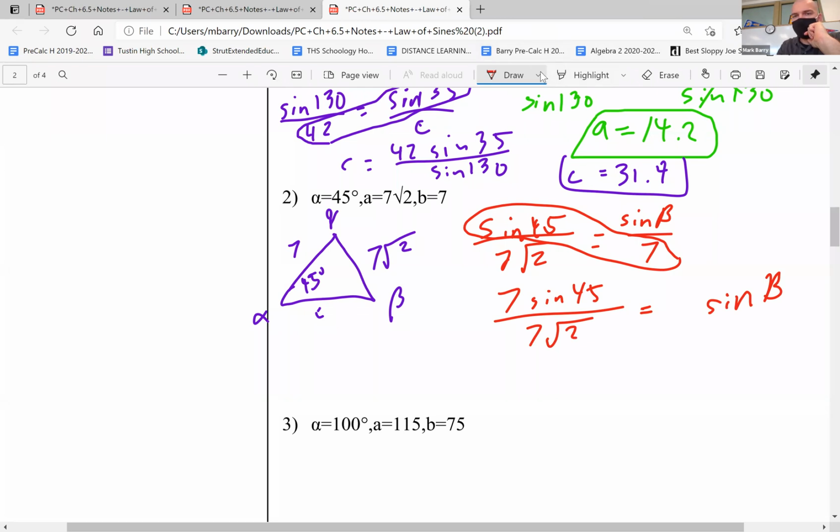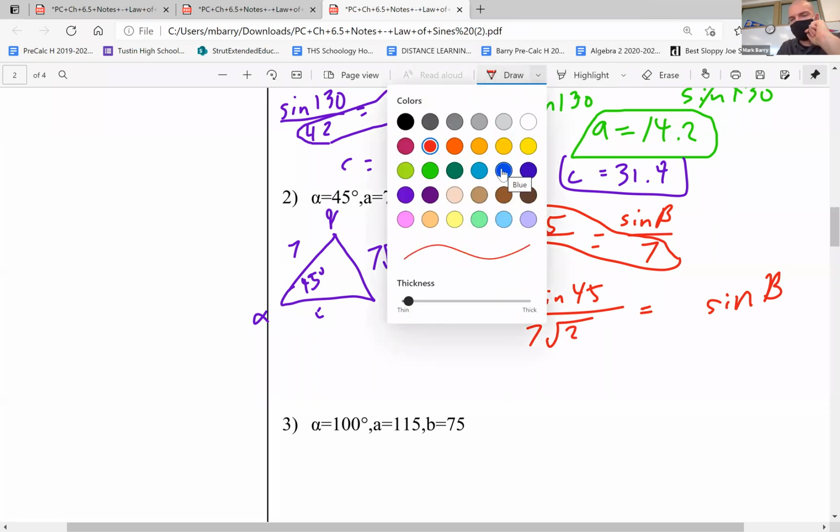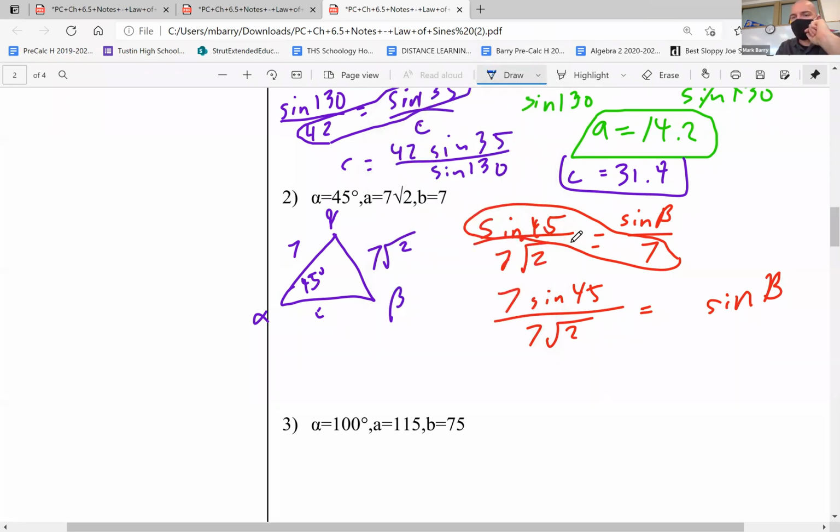First of all, I told you guys that we weren't allowed to cancel stuff down that's inside of a sine, but if you have stuff out front, you actually can cancel it down. So I'm going to cancel out those 7s.